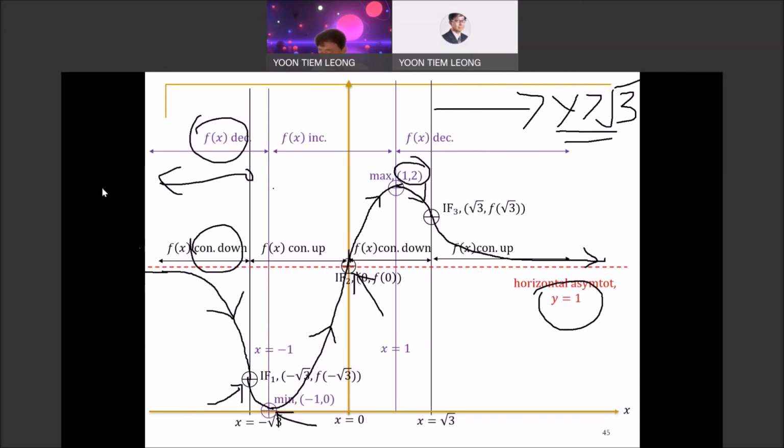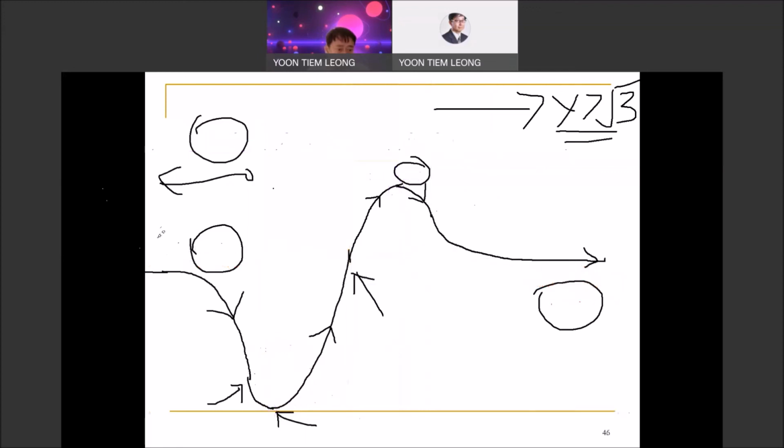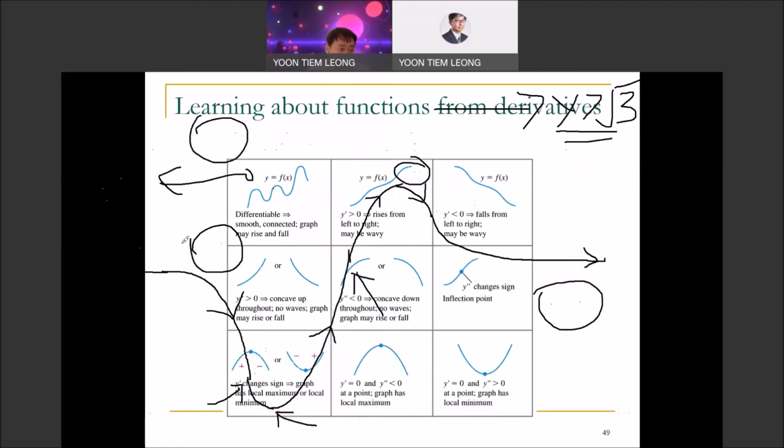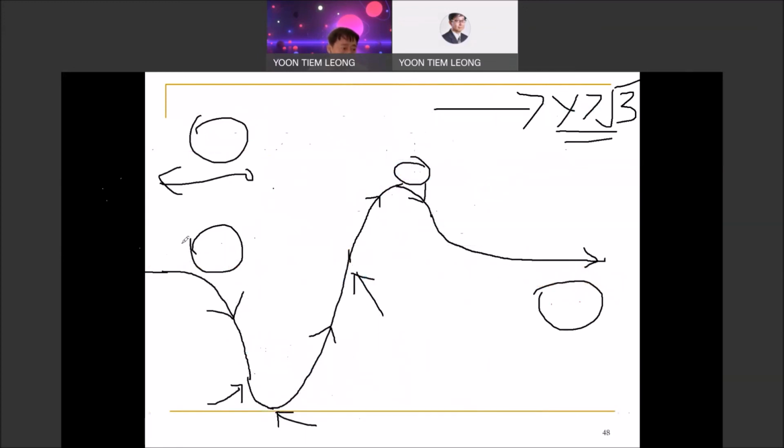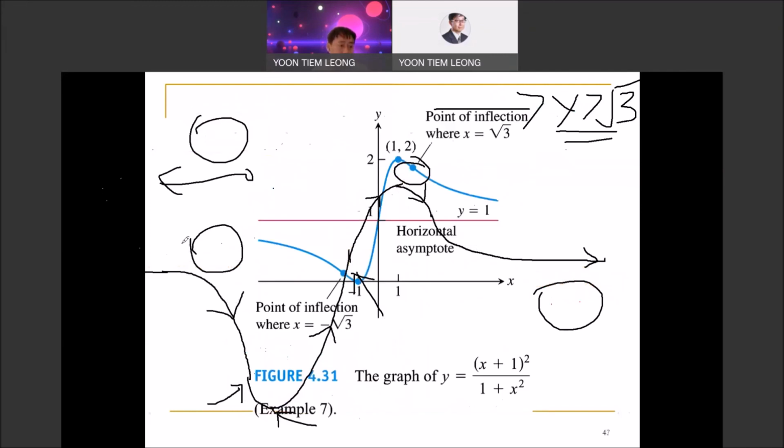But if you look at the solutions, let me see if I can come up with the graph. Okay, I think it is like this. The previous graph looks like this. So the correct answer would be like this, which is just exactly what we are expecting the graph to look like.